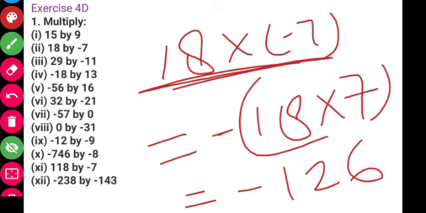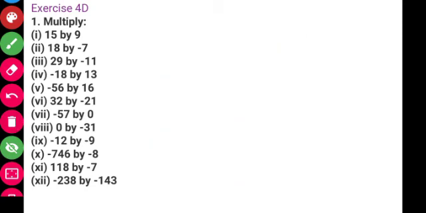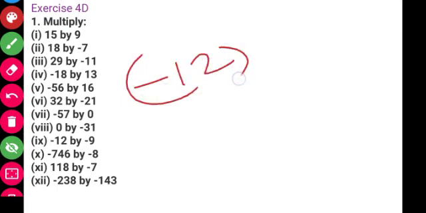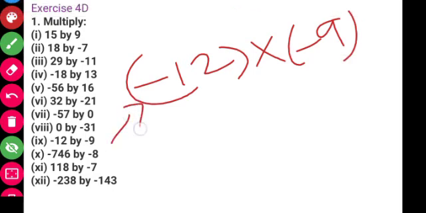Now similarly, the tenth part is here. First, second, third are done. Now in the fourth, again it has different signs, so the answer will be negative. Here also, you know any number multiplied by 0 is 0. Now come to the ninth. Both have the same sign: minus 12 into minus 9.